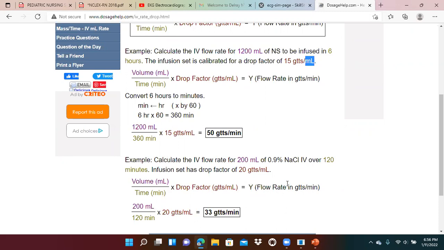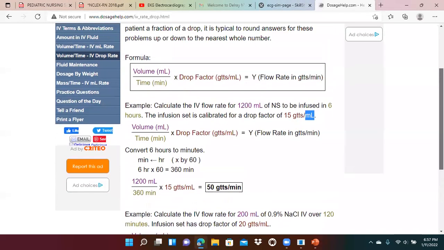So the flow rate in GTT per minute is 200 for the volume, divided by 120. It is already mentioned in minutes, so you do not need to convert, because the formula says minutes. And the drop factor is 20, because it is per ml, not a flow rate. The flow rate should be per minute. So it is 33 GTT per minute. This is the flow rate factor. What next?